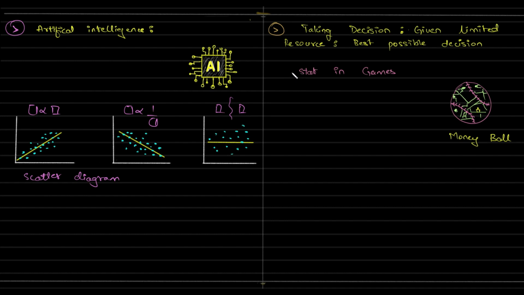I've given the example of stats in games. People use stats in games to pick players, to manage a team, like who will play, and so on, in any kind of game.